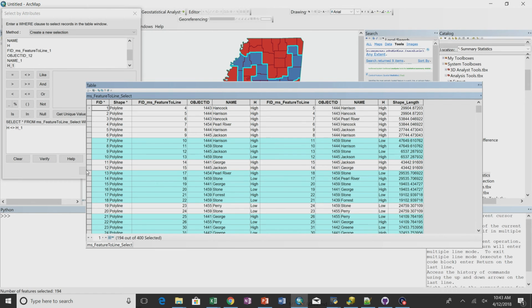So we've got the high, the low, and anything where one's high and one's low. However, this number, 194, represents the number of links, and we need the number of joins. Okay? What I mean in there is that there's going to be 2 sets. So there's the Harrison Stone and the Stone Harrison. And the formula asks for the number of joins, the expected number of black-white, or the observed number of black-white joins. So our observed number of black-white joins is this number divided by 2, 194 divided by 2.